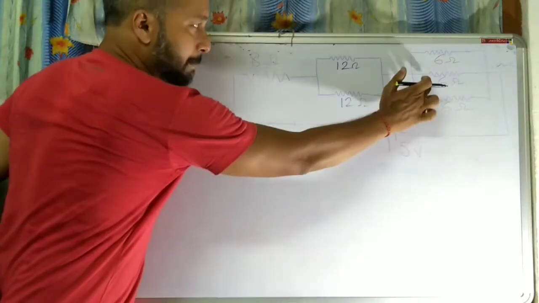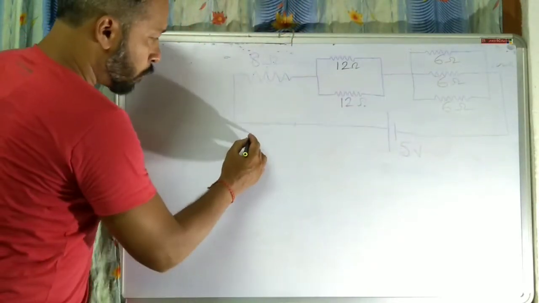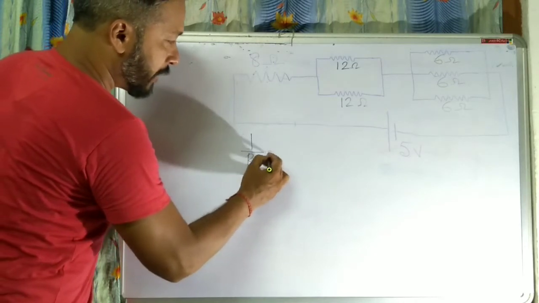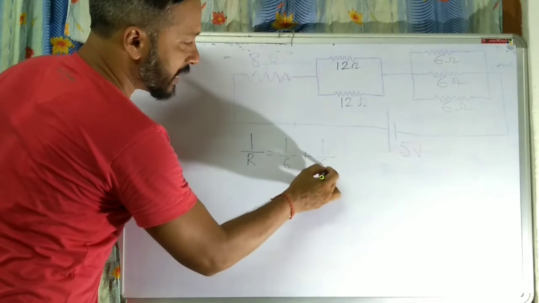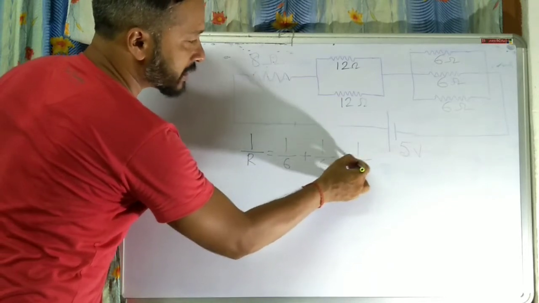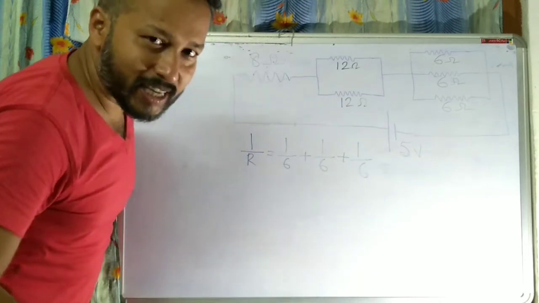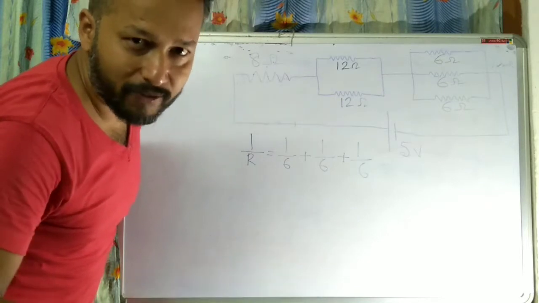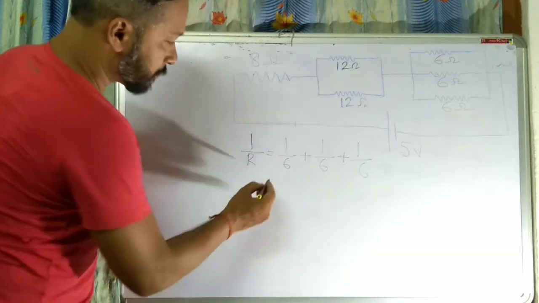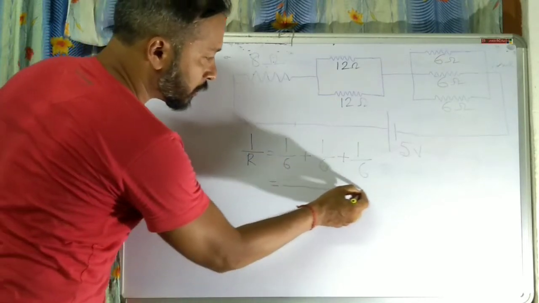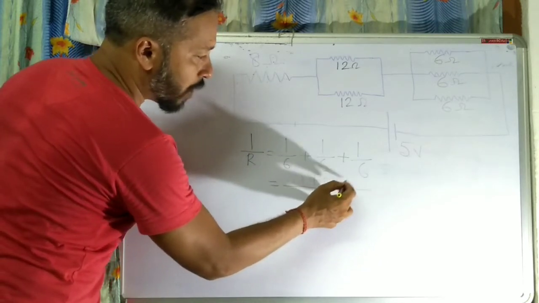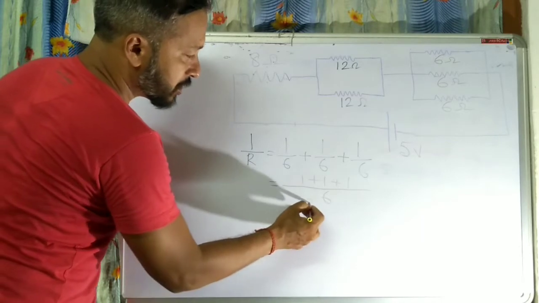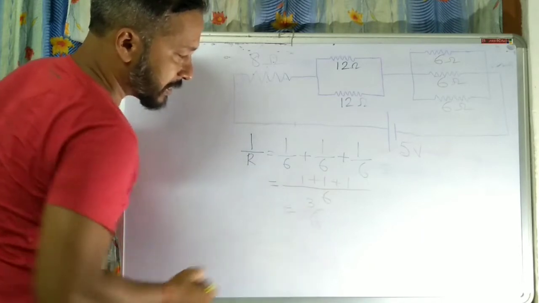For this combination, 1 by R equal to 1 by 6 plus 1 by 6 plus 1 by 6. Since it is in parallel, we know the parallel formula. What is the LCM? 6. So 1 plus 1 plus 1, that is 3 by 6.